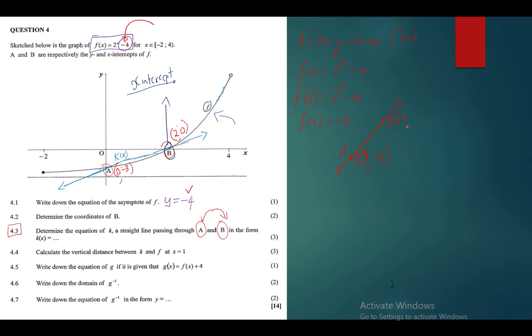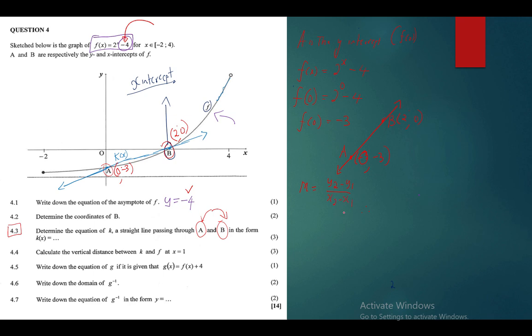So now you are looking for the equation of a straight line passing through A and B. To find the equation of a straight line, you need to find the gradient. To find the gradient, you do change in y over change in x. You say y2 minus y1 over x2 minus x1.